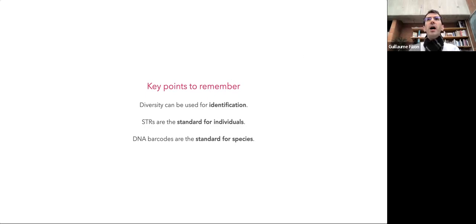No, there's a question. How do we deal with people who carry two different genomes, like after a transplant? Well, it's a very good question. You have to think where the transplant is, for instance. Imagine that this is a heart transplant. In that case, there's very little chance that you'd have some heart material coming in the hair or something like that.